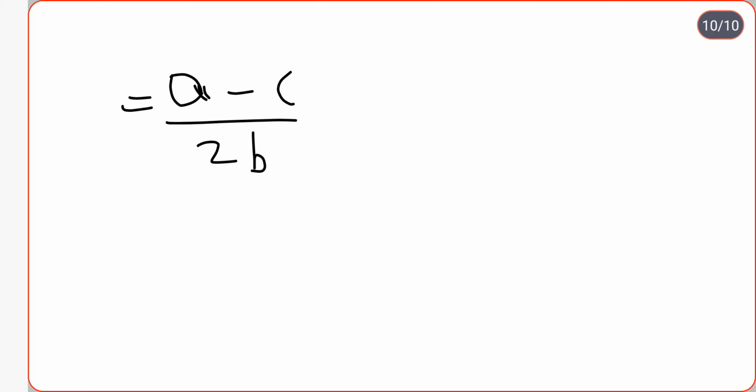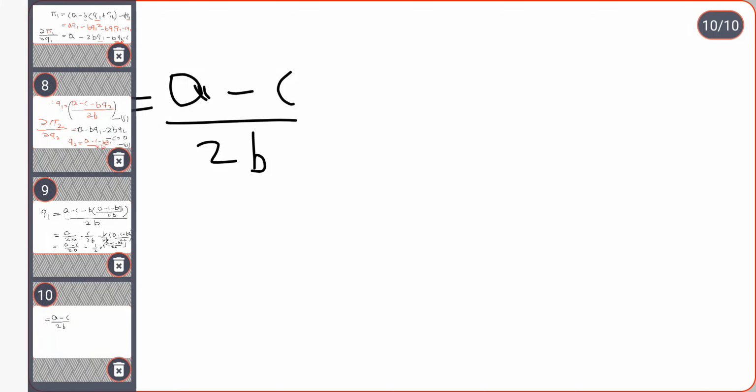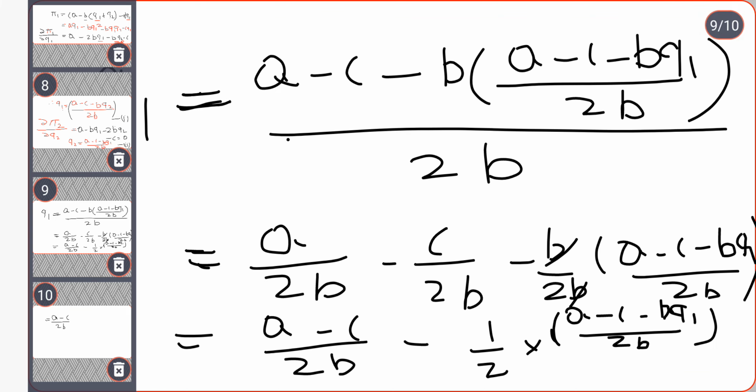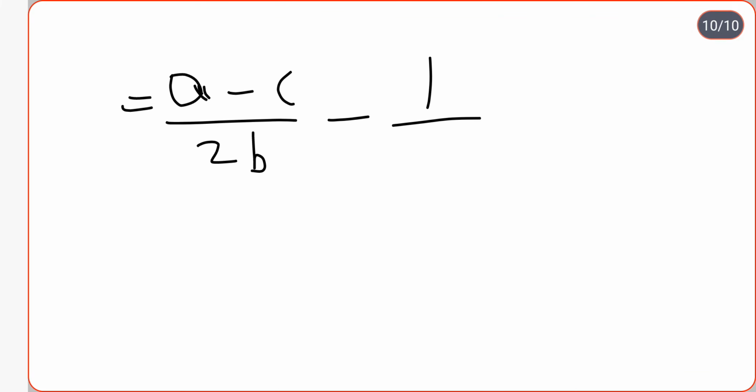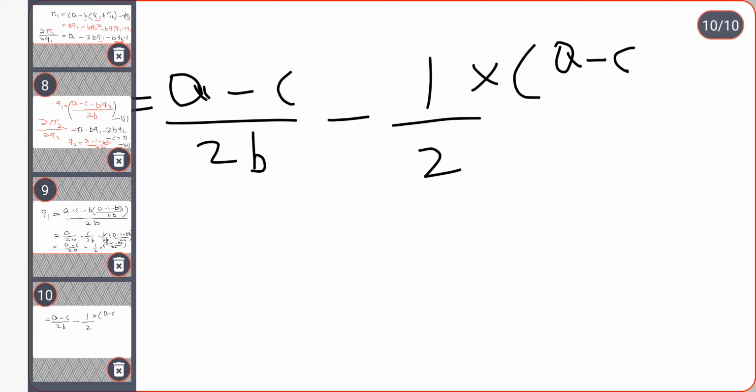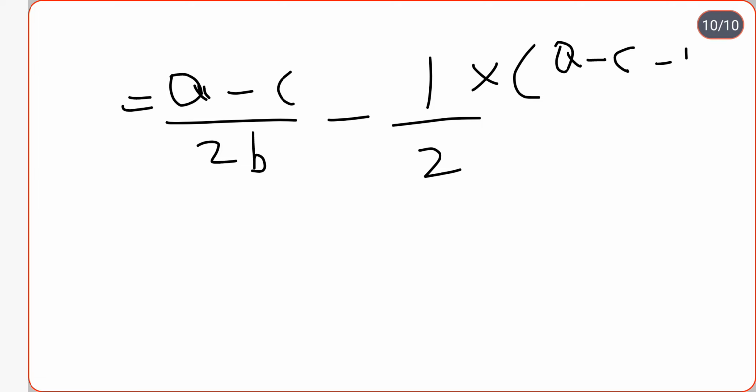If I simplify it again, I can write A minus C by 2B, and with it minus half multiplied by A minus C minus BQ1 by 2B.